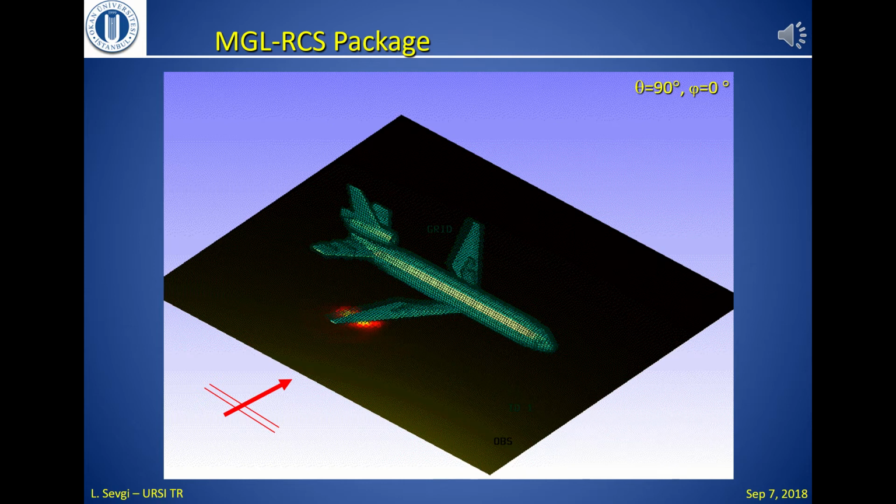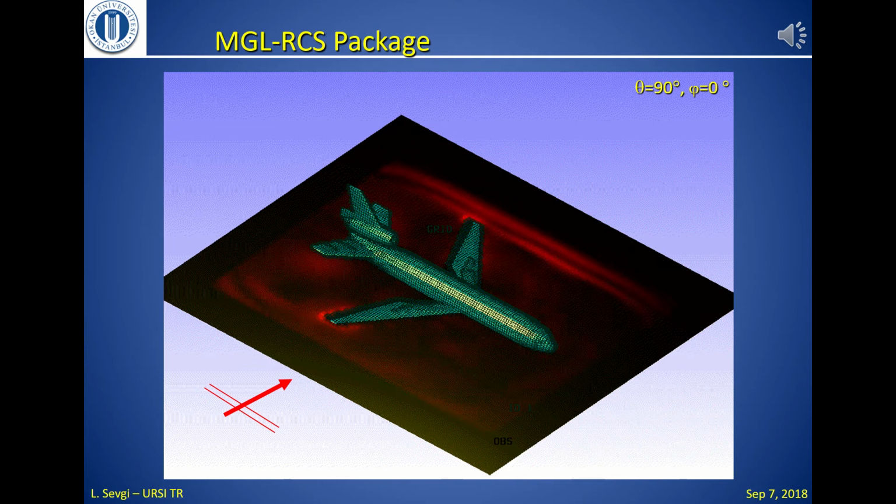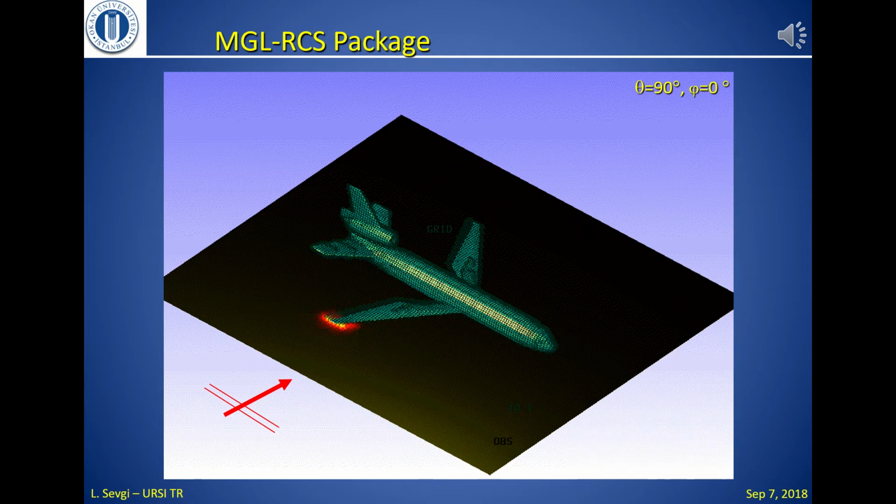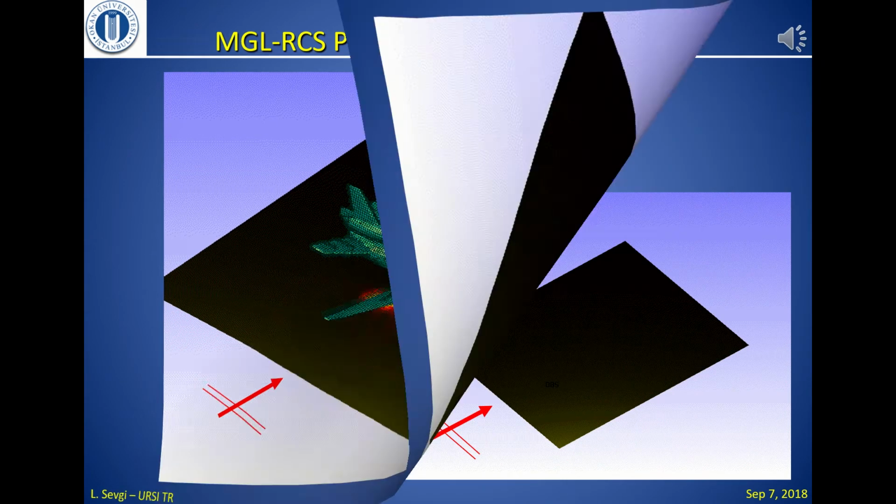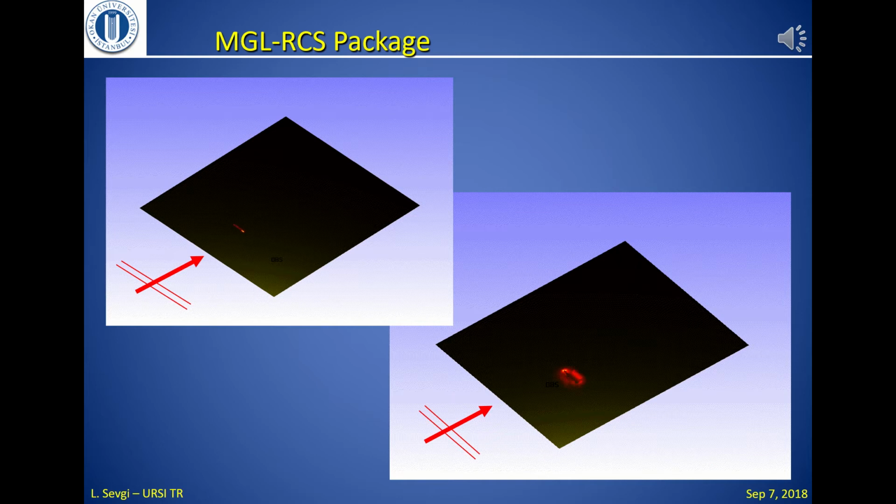One beauty of this package is that you can visualize and observe the transient time domain behavior of electromagnetic wave target interaction. You can do this recording with the target as in the previous video, or without the target as in here.